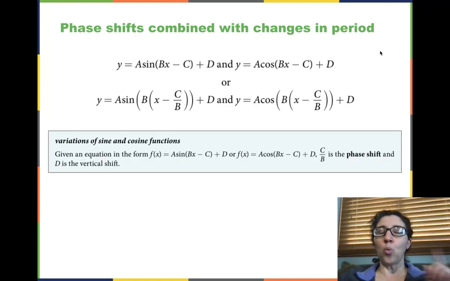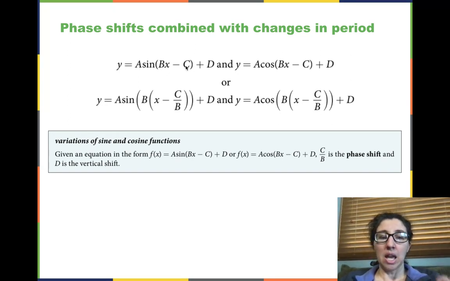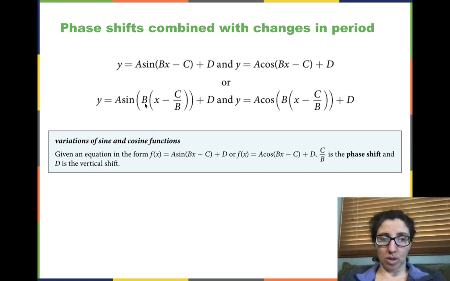All right, so one thing that can get a little bit tricky is if we have a B and a C term. So if we have our period changes and we have a horizontal shift, here is the easiest way to do this. Factor your B, whatever your coefficient of x is, out of both terms, whether it's sine or cosine.